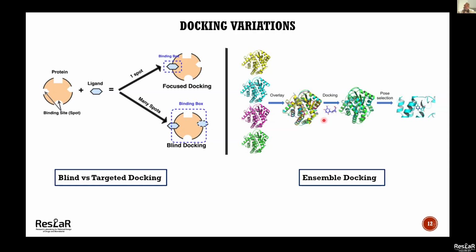Because of that question mark, you generate different conformations of the same protein. They are called ensembles. You can see them. Then you align them. Then for each of the ensembles, you dock and find out which of the conformations actually gives a better docking score for you.